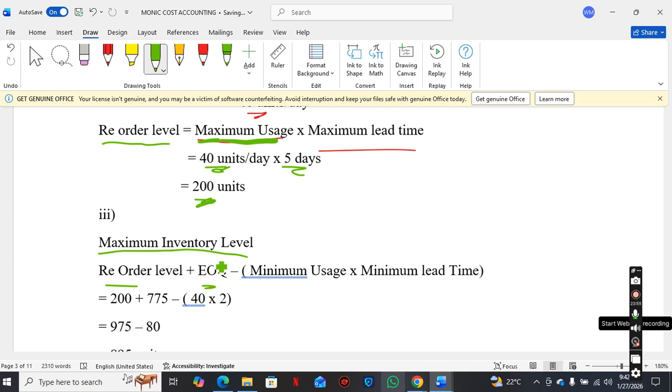Now here, since we already got the EOQ, so this is our order quantity. Reorder level plus order quantity minus the minimum usage multiplied by the minimum lead time.